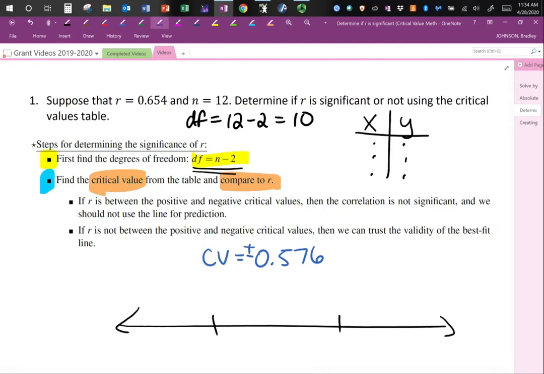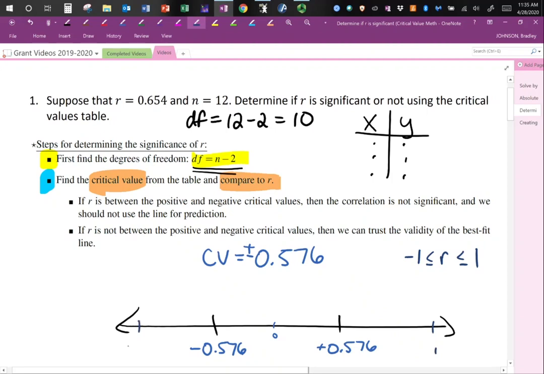I'll show you this here. Let's mark negative 0.576 here and positive 0.576 here. You can imagine that 0 is in between there. Now we know that correlation values R is always going to be between negative 1 and 1. Okay, R is always between 1 and negative 1.